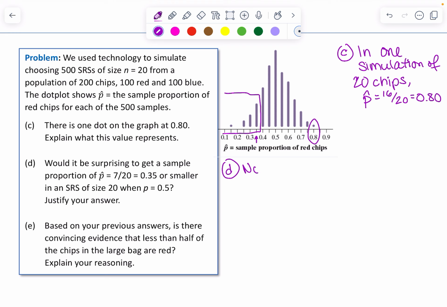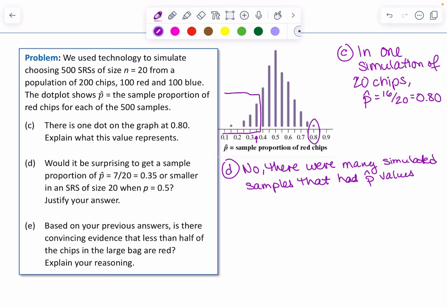So there were many simulated samples that had p hat less than or equal to 0.35.